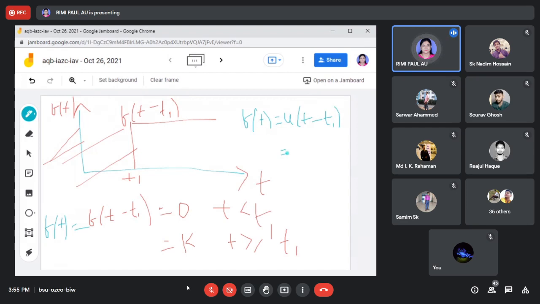So what will be the function? u(t minus t1) is 0 when t is less than 0, and 1 when t greater, sorry আমি ভুল লিখলাম, এটা t less than 0 নয়, t less than t1, and 1 when t is greater than or equal to t1.